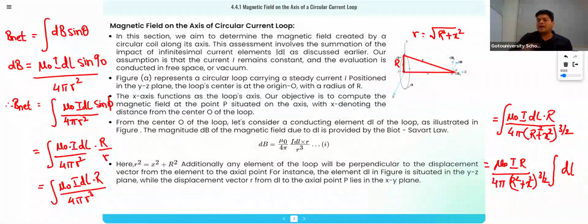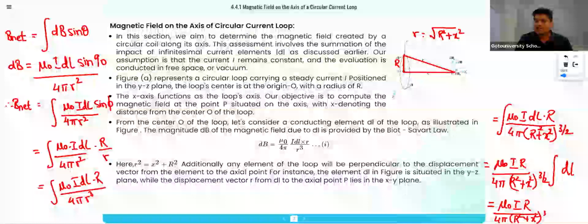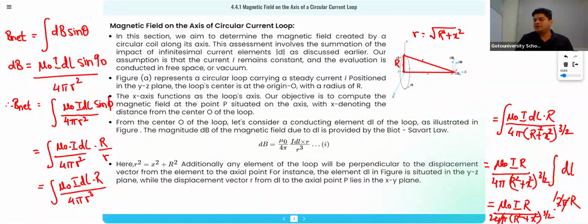This is a circular path, so dl will be the circumference. So we have 4 pi times R square plus x square raised to 3 upon 2, into the integration of dl, which will be 2 pi R. So pi and pi will get cancelled, and 2 and 4 simplify to 2, and this R will become R square.